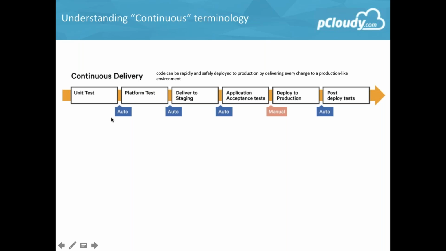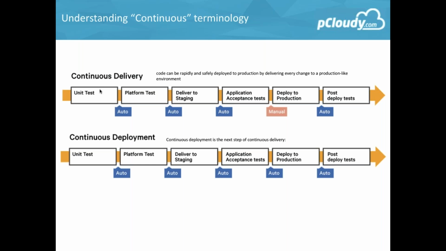So in traditional delivery approaches also you will see these stages: unit testing, QA testing, staging, production. But the real difference here is all these stages are controlled in a completely automated process. So you can think of it as an assembly line where one piece is pushed to the next stage in a completely automated fashion.